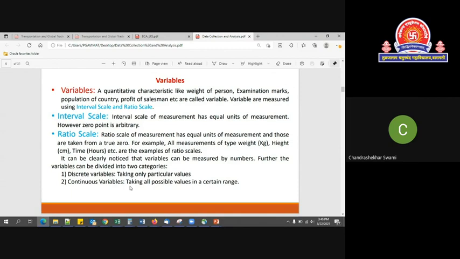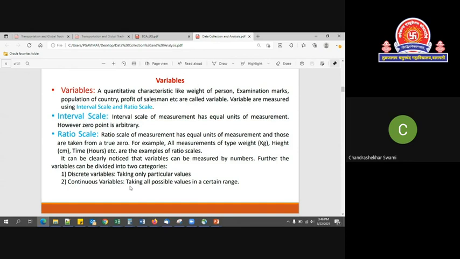If the variable takes numerical values distinctly, such as 1, 2, 3, okay, distinctly they are taking the values. For example, the number of accidents on a certain national highway.